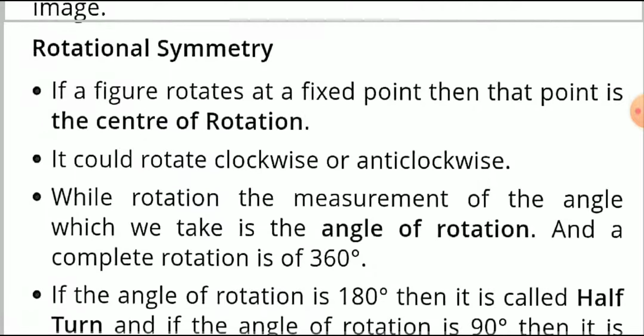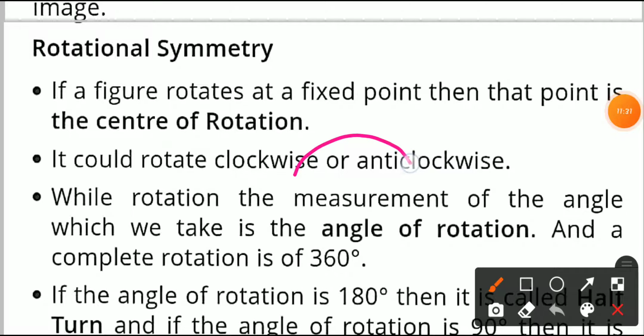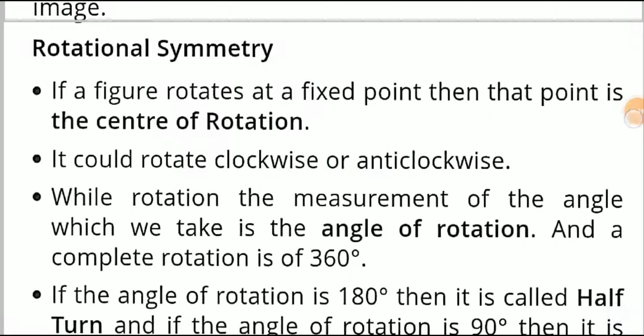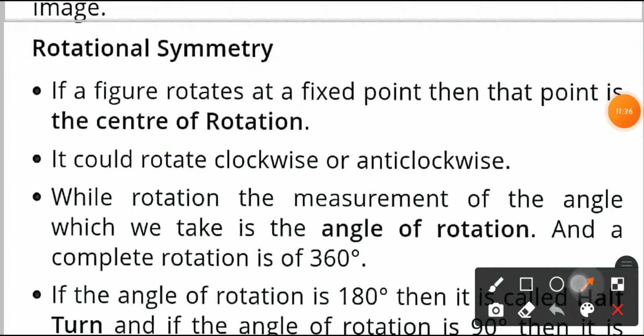Also, it could rotate clockwise or anti-clockwise. Clockwise means, see what is the meaning of clockwise. This is clockwise rotation. Anti-clockwise, this is anti-clockwise rotation. See the arrow, how it is rotating.